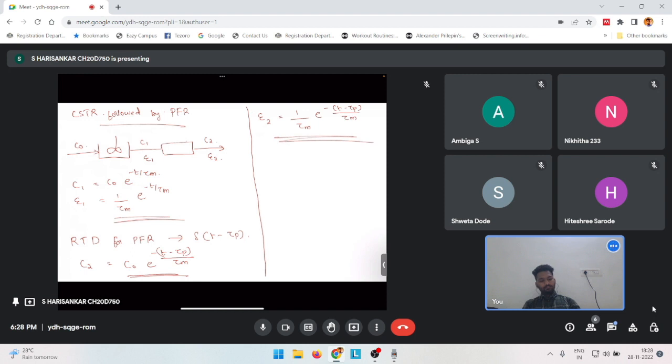So this is basically your final residence time distribution of a CSTR followed by PFR. Okay. Now the peculiar thing is, this is the same for the reverse case, which is PFR followed by CSTR.